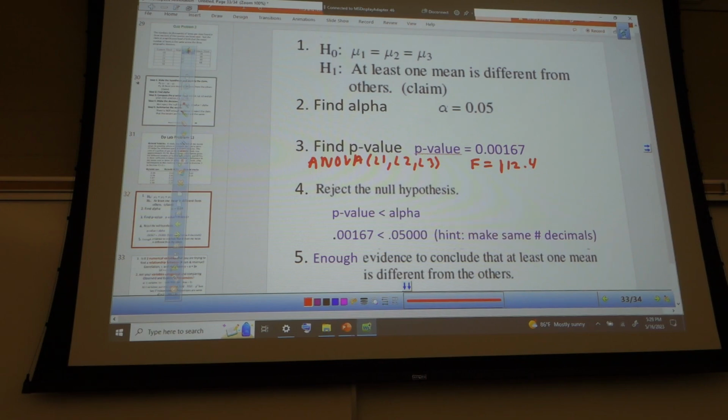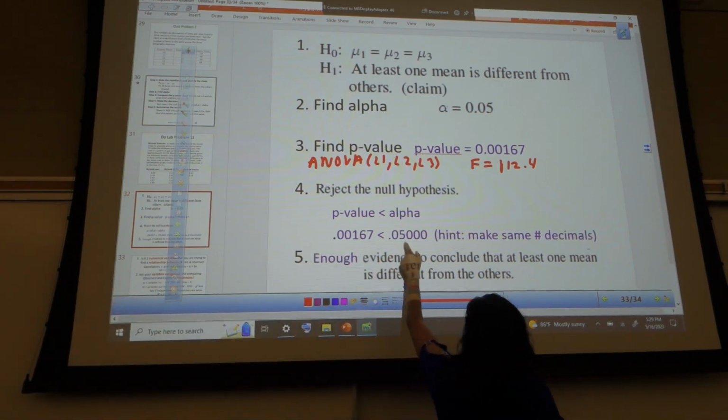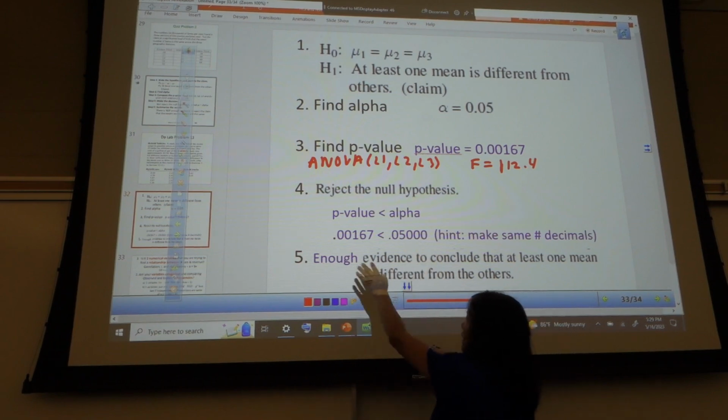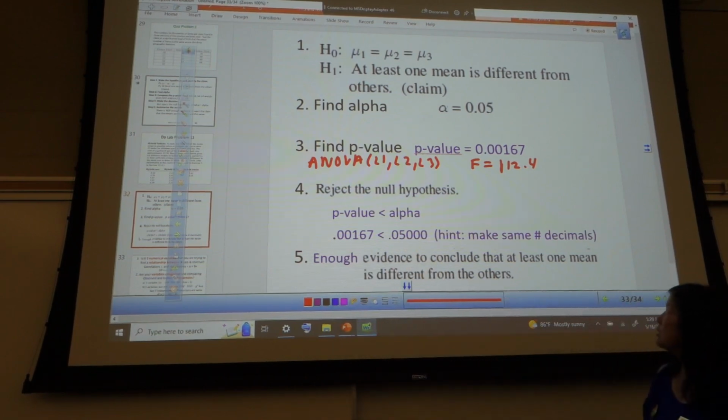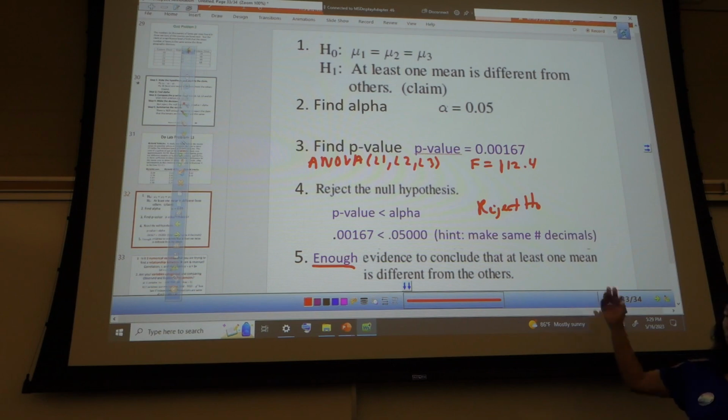Since my p-value is less than alpha, we're going to reject the null hypothesis. And again, if you have trouble with these, just make them have the same number of decimal places. Add more zeros after that so they have equal decimal places. And then because we rejected H0, that means we have enough evidence to support our claim that at least one mean differs.